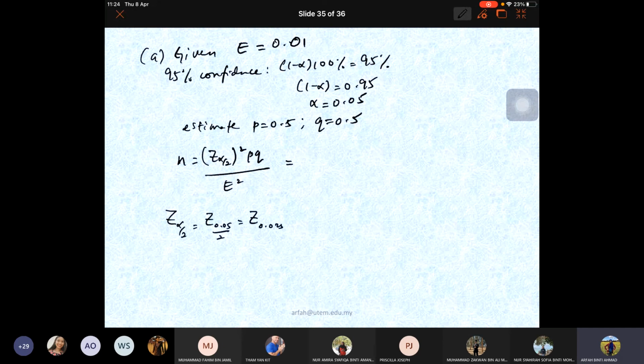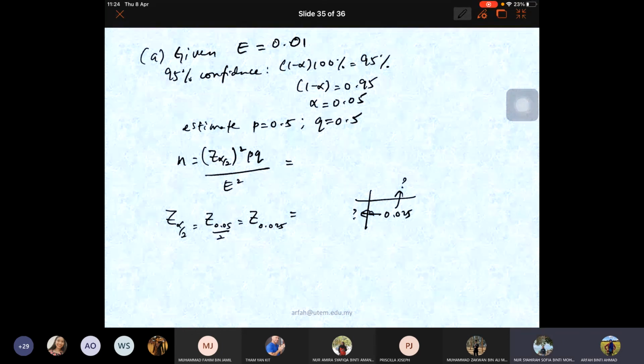Z 0.025. So 0.025 in here. Then dapatkan. Berapa nilai dia? Negative 1.96. Yap, betul. Negative 1.96.